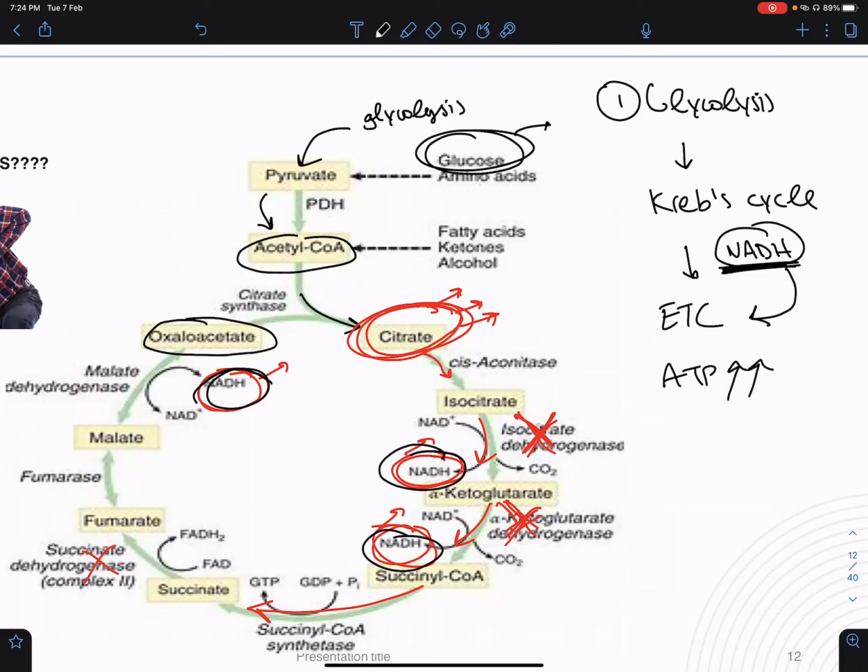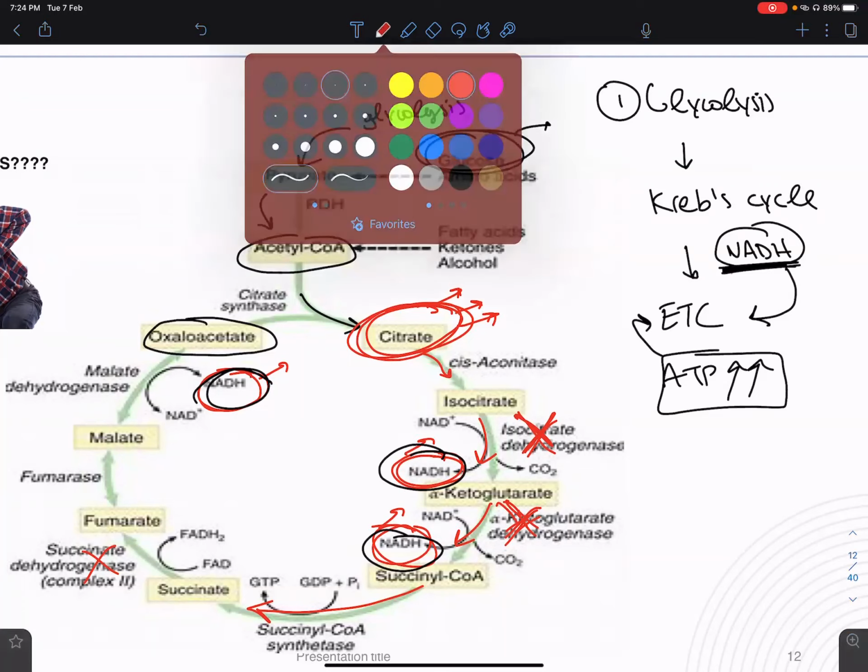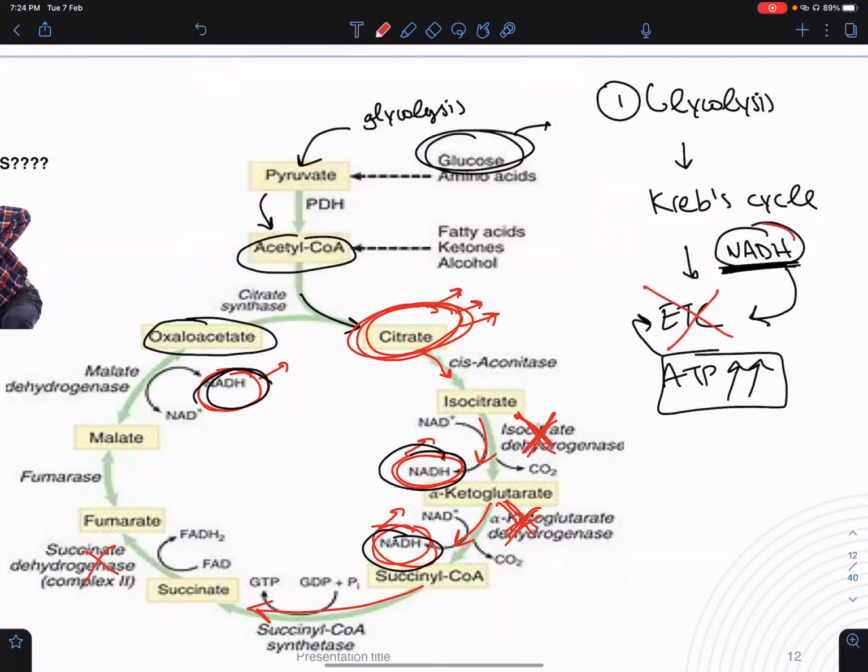Because you just ate a lot of glucose, there's a lot of energy being produced. So this energy is going to slow down the electron transport chain because of feedback inhibition. So if the electron transport chain is slowed down, where is the NADH going to go? It will accumulate. Exactly.